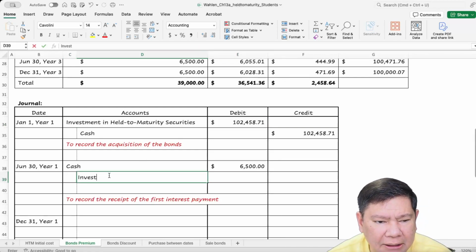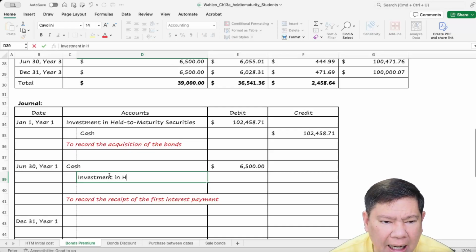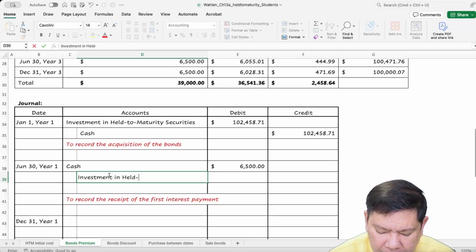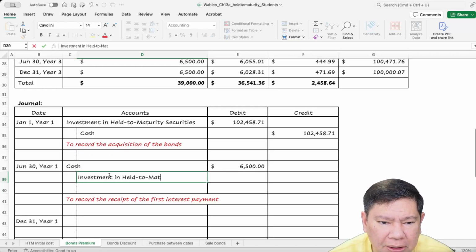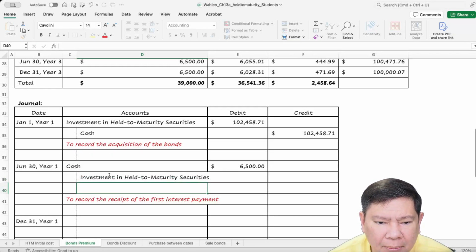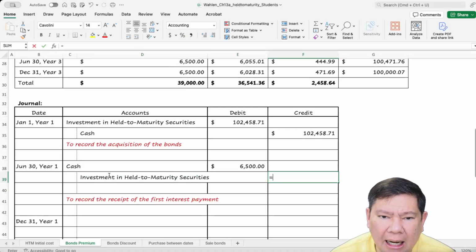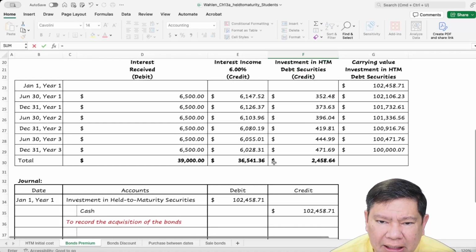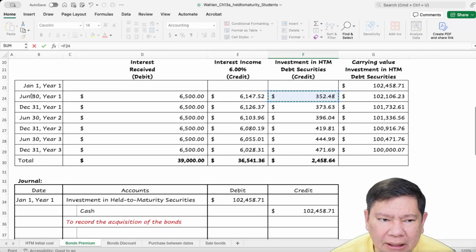So investment in held to maturity securities goes down by, for the first 6 months, we're going to use the first row calculation here, 352.48.